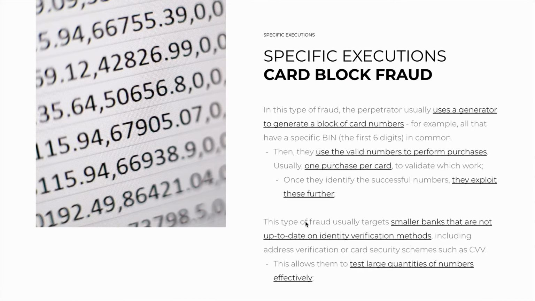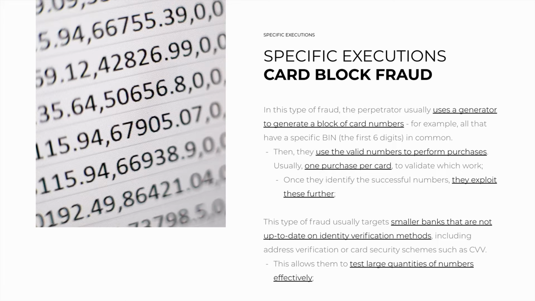This type of fraud usually targets smaller banks that are not up to date on identity verification methods, including address verification or card security schemes such as CVV, the 3 digits on the back. So let's say, for example, that you generate 500 card numbers, and the bank, for some of these cards, doesn't require you to use the CVV number in order to make a purchase, but the bank, for others, does.